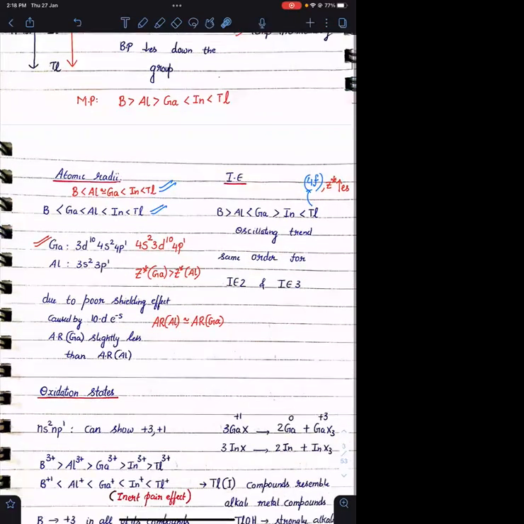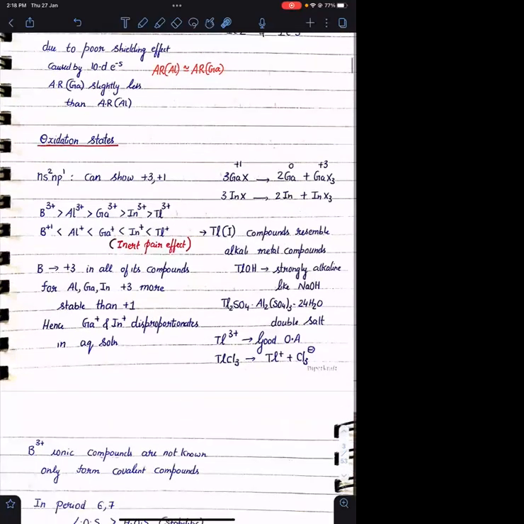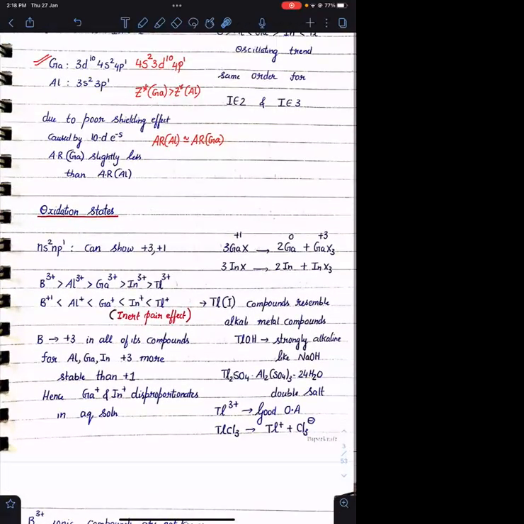Okay. Oxidation states. The general electronic configuration of group 13 is ns2 np1. If only p electrons are participating in bonding, you will be having a +1 oxidation state. If p as well as s, if all the 3 electrons are participating in bonding, you will be having a +3 oxidation state.